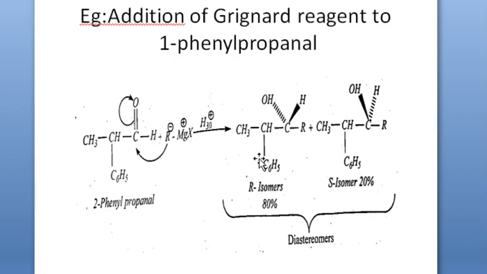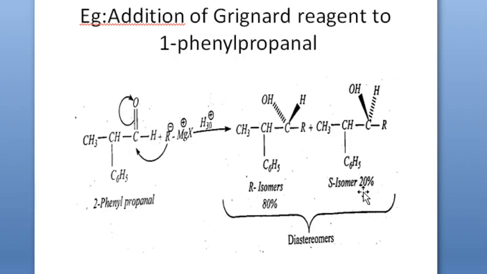So as a result, you get the R isomer here. This stereo center is R and this stereo center is R, and here it is RS you got. So RR and RS will become diastereomers. One of the diastereomers is in excess quantity, that is this RR isomer is major and the RS isomer is minor.